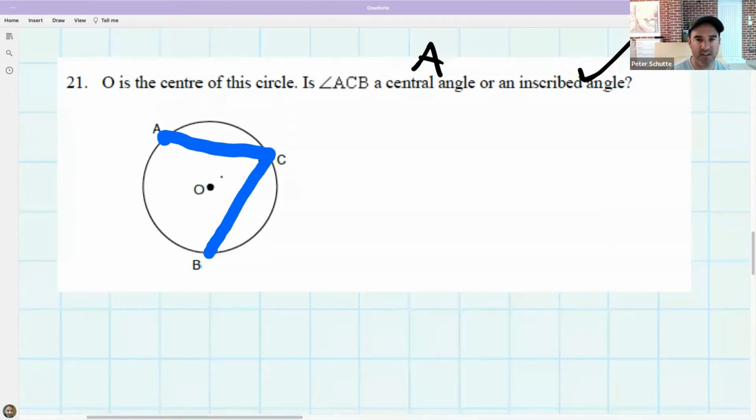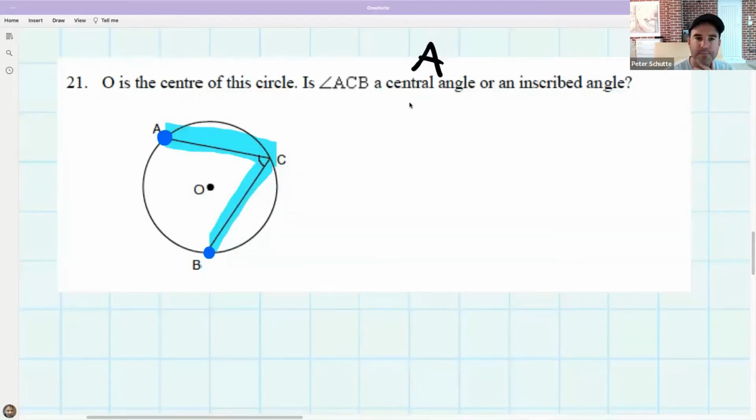So it can't be a central angle. However, if I form my angle at the circumference, it's then called an inscribed angle. Now, that is quite a fancy word. Sometimes in South Africa, sorry about that, guys, we often call these words an angle. So an angle at the center.